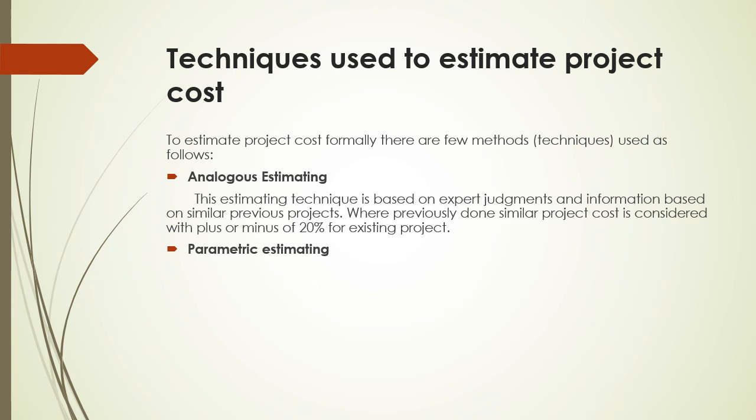Parametric estimating. Past data or records are used to estimate the cost of the current project. So at my job, for example, we are trying to introduce another cash register. This is not due to computers or anything, it's a real life example.